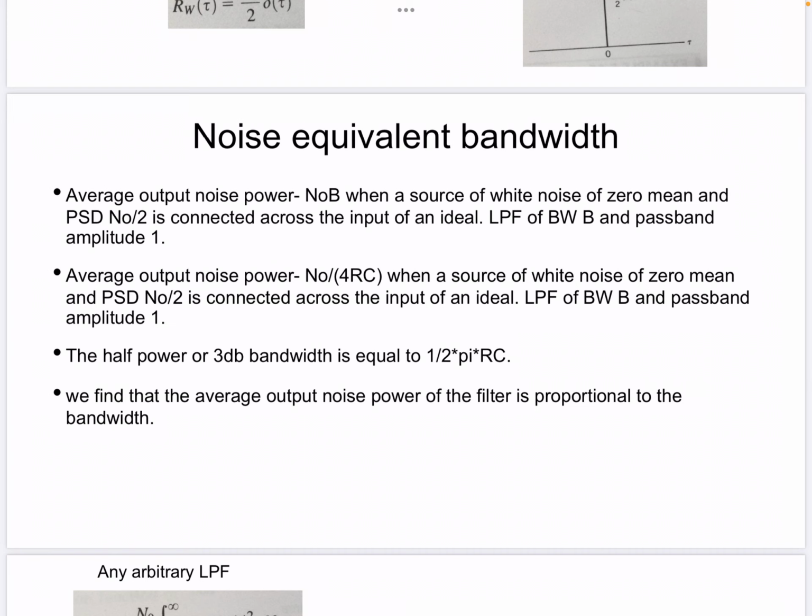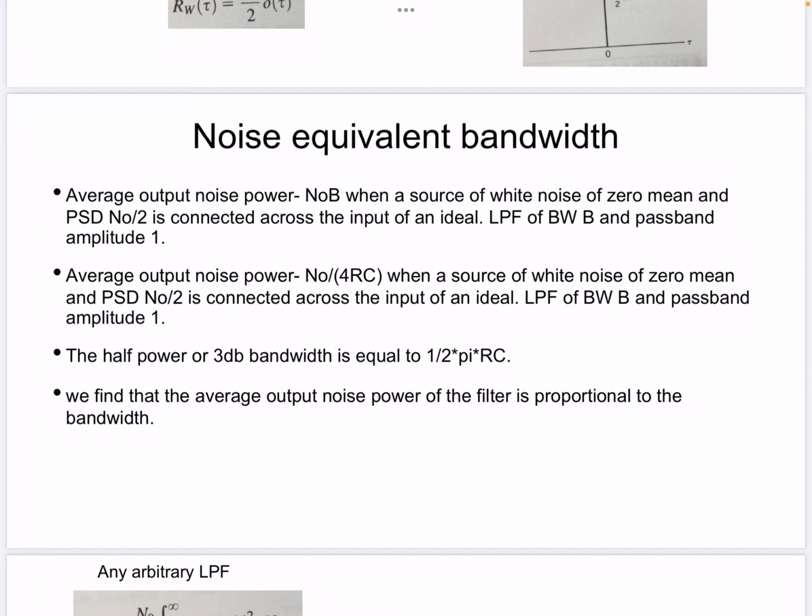We also observe that when the noise source is connected to the input of the simple RC low pass filter, the corresponding average output noise power is equal to N naught divided by 4RC. For this filter, the half power, or 3 dB bandwidth, is equal to 1 divided by 2 pi RC.